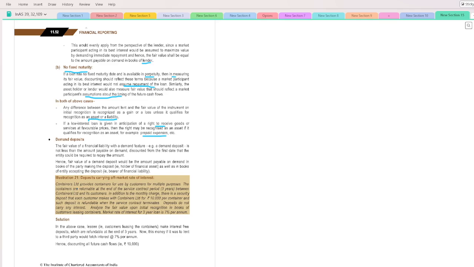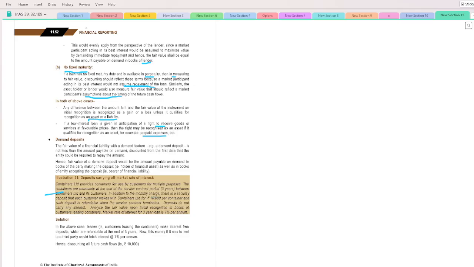Now this is an example from the container point of view. Container Limited provides containers for use by the customer for multiple purposes. The containers are returnable at the end of the service contract period of 3 years between Container Limited and its customer.